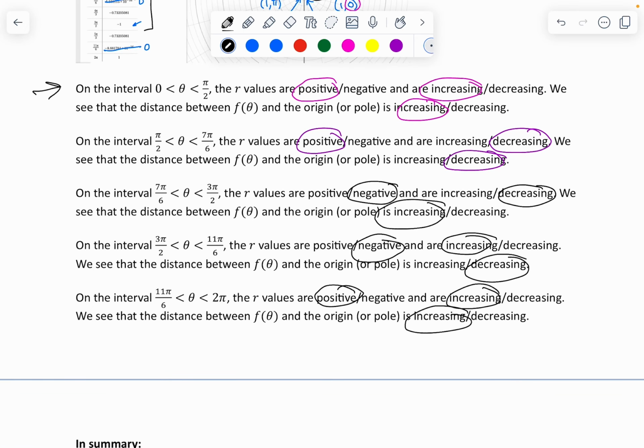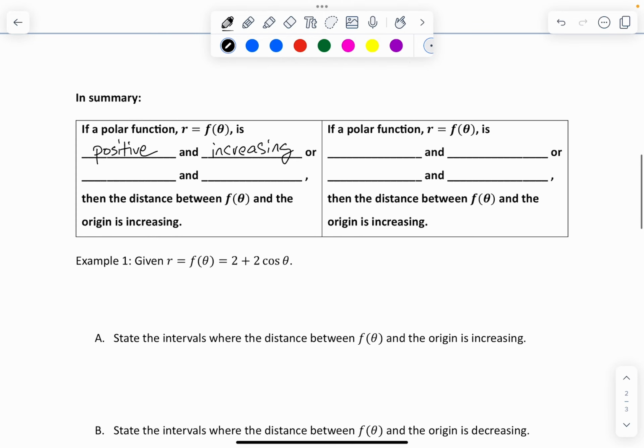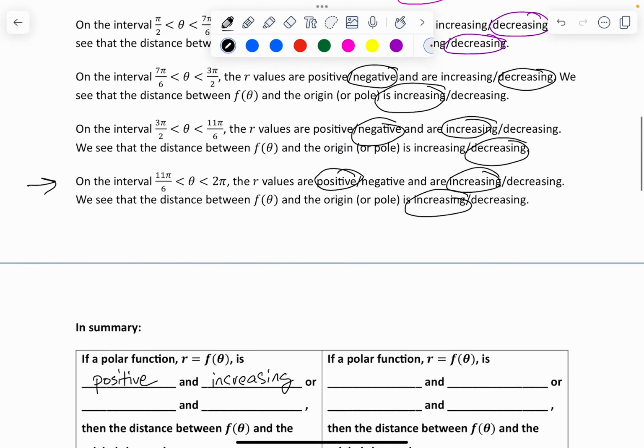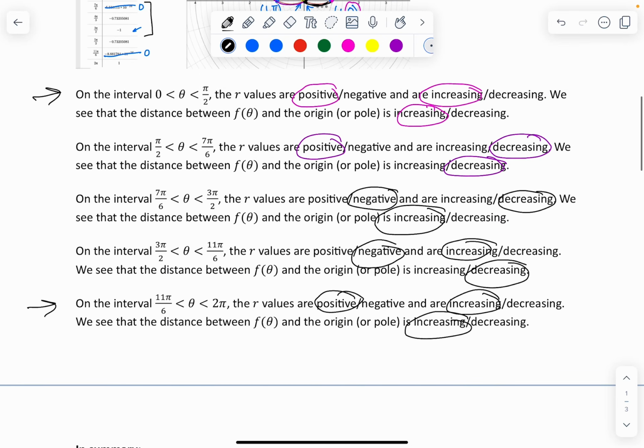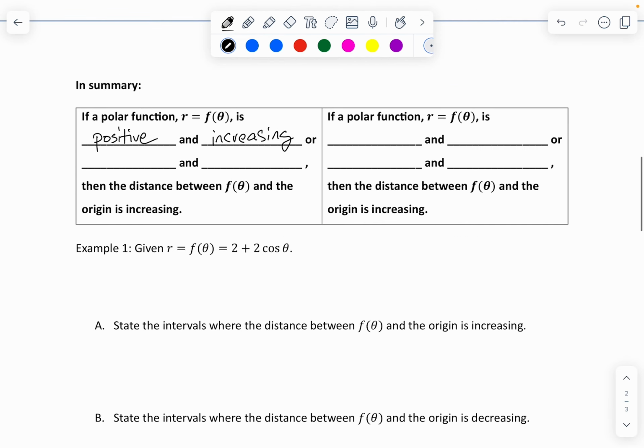We had positive decreasing, negative increasing, positive increasing, and positive increasing here. What's happening is that then the distance between the curve and the origin is increasing. Now the other time it was increasing is right here, and that's when it's negative and decreasing.